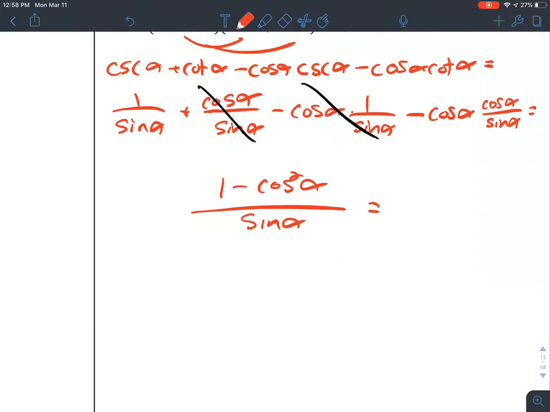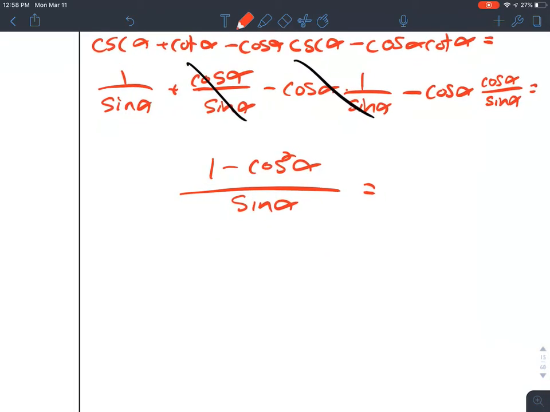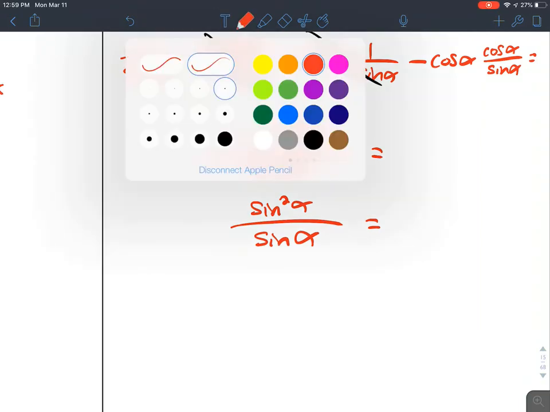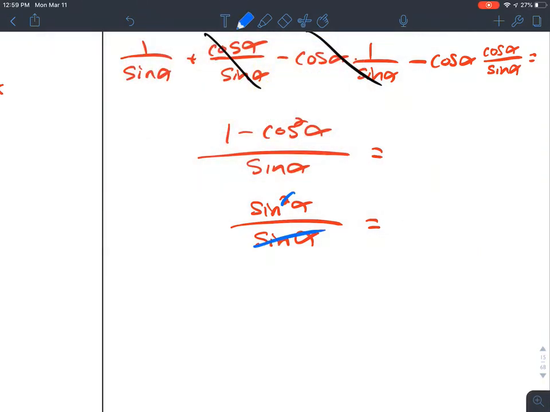Oh, I wonder where you've seen 1 minus cosine squared of alpha before. That's the first Pythagorean identity solved for sine squared, I should say. So that's sine squared over sine. And we can divide top and bottom by a sine. It's going to cancel a sine on the top and a sine on the bottom, and we're left with sine of alpha.